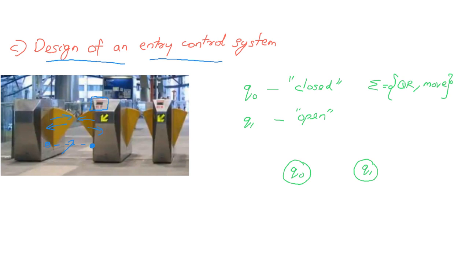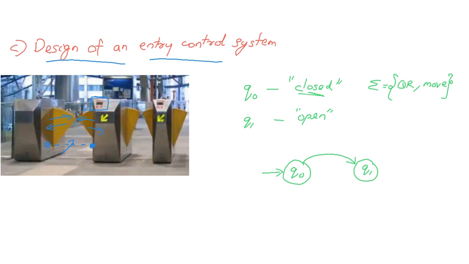So if you are at Q0, which means you are at closed state, and then you show a valid QR code, the state will move. The transition will be from Q0 to Q1. That means the flaps will be getting opened up. We can assume that Q0 is the starting state.